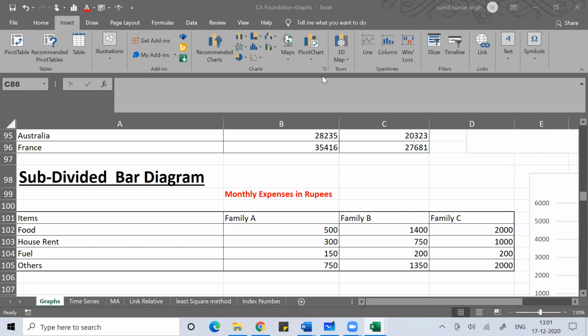Applications like these bar diagrams, line diagrams, whatever diagram you are talking about, we basically use them to represent data. You can represent them through a line diagram, a bar diagram, or a pie chart. Different ways are there.